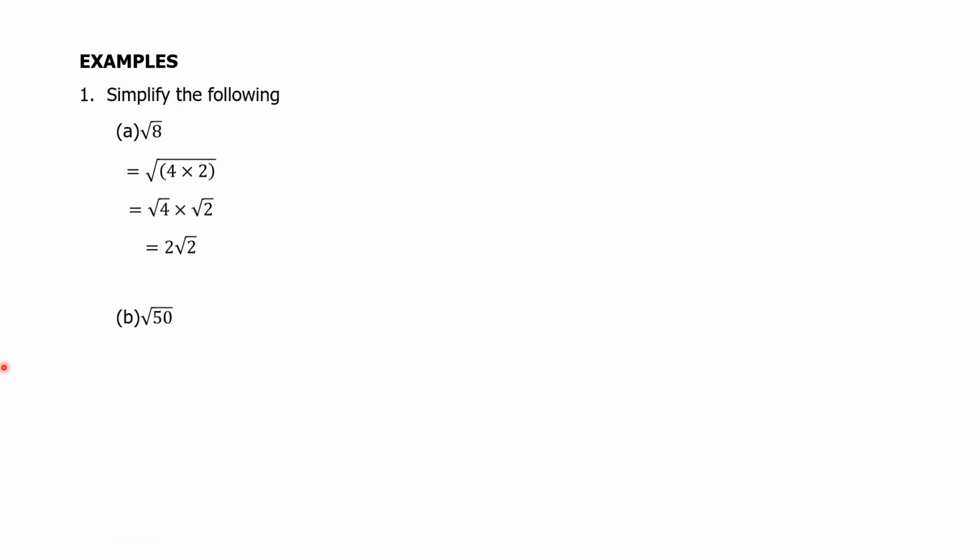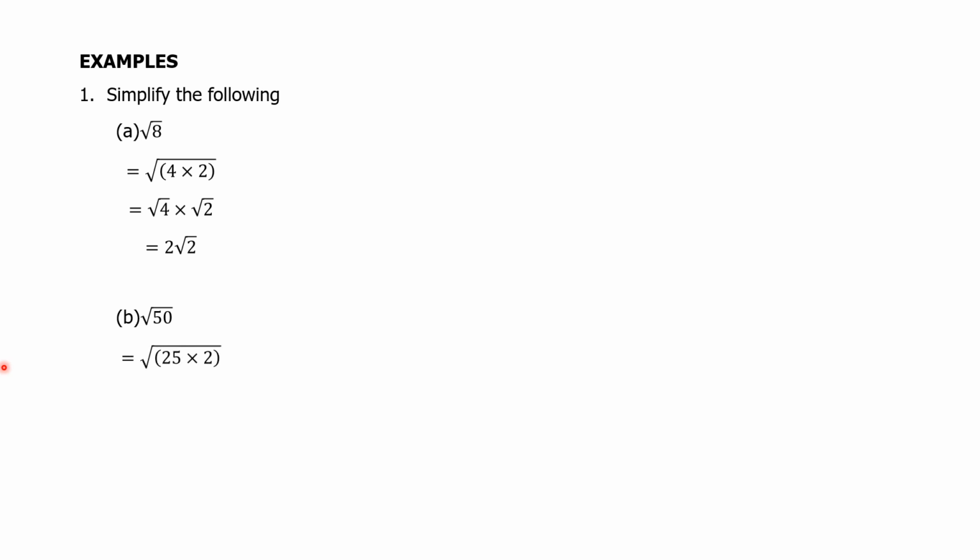Then when I go to part B, I'm having my root of 50. Now when you look at 50 alone, the square number which is embedded there in the 50 is a 25. So the 25 times a 2 gives us a what? A 50.